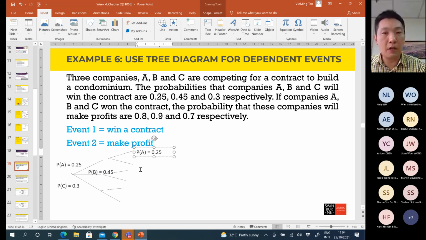For making a profit, maybe I'll use D, where D means making a profit. So this branch refers to the probability for company A to make a profit given that company A is able to get the contract. And that is the meaning.